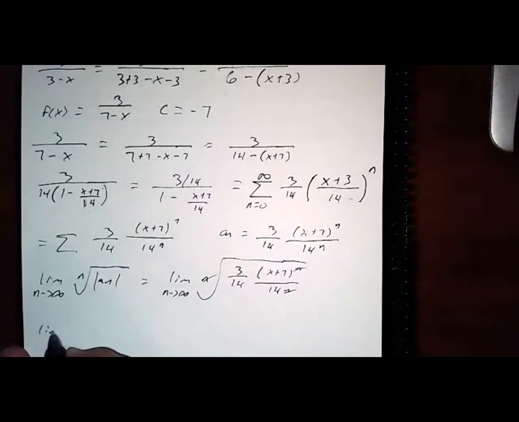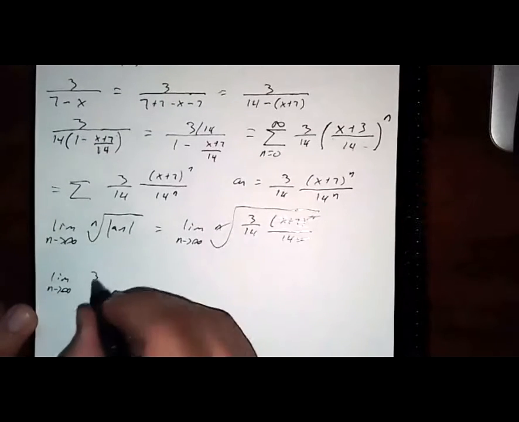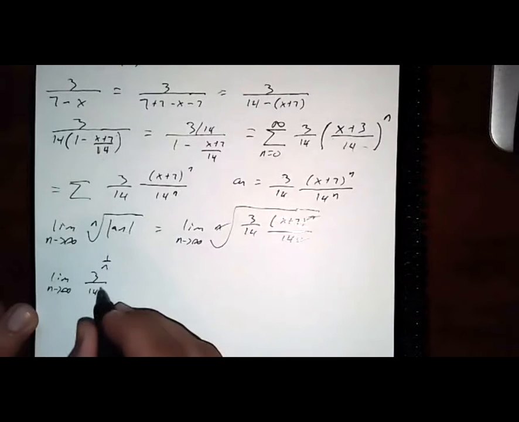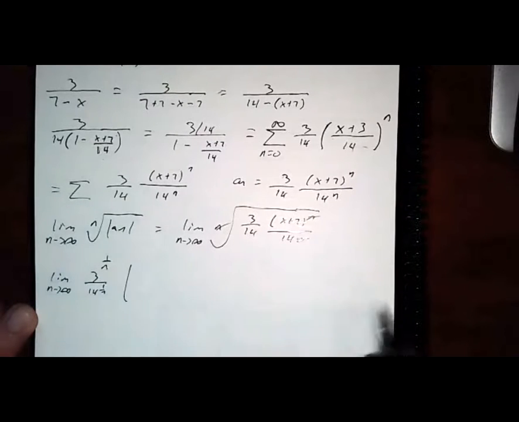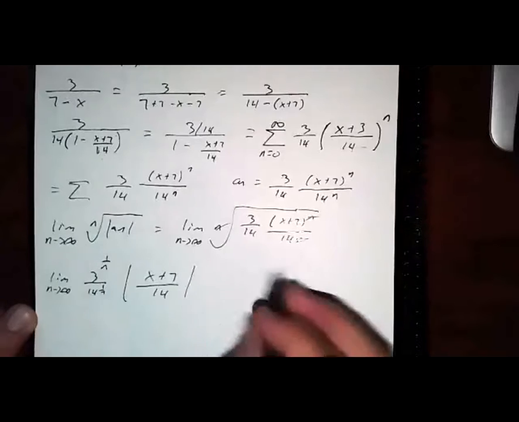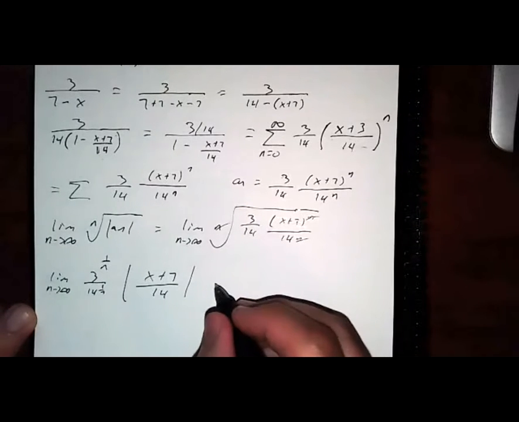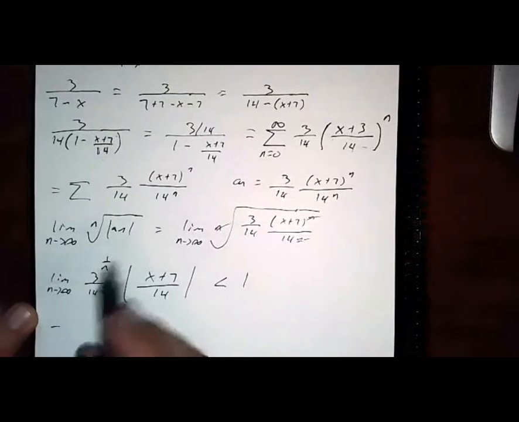So I have the limit as n goes to infinity. The 3 will get a 1 over n. The 14 will get a 1 over n. And I'll get the absolute value of x plus 7 over 14. So these will go to 0 when you take the limit, and this must be less than 1. So once you take the limit, these are gone, and all you have left is this guy.